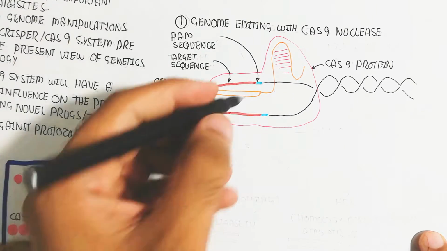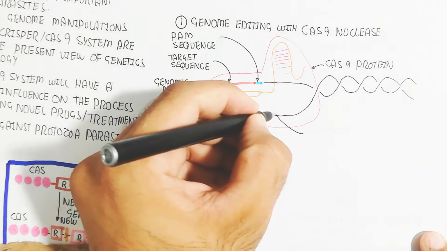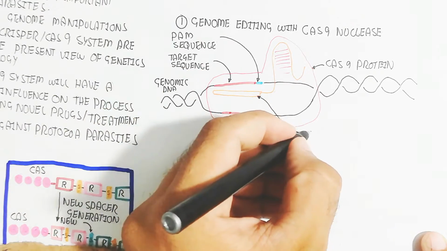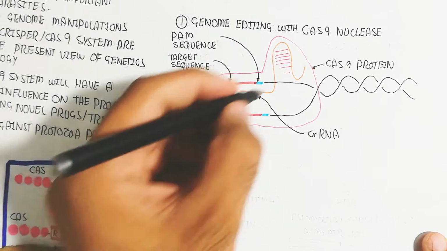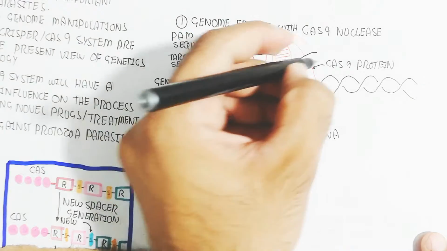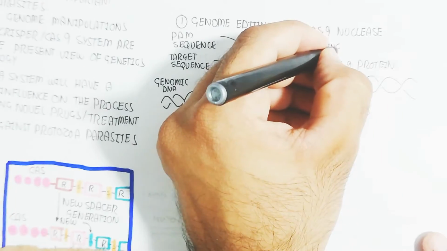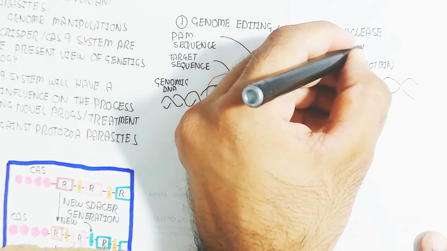So after this process, here you can see this is the CRISPR RNA. So this is a single guide RNA and Cas9 protein.